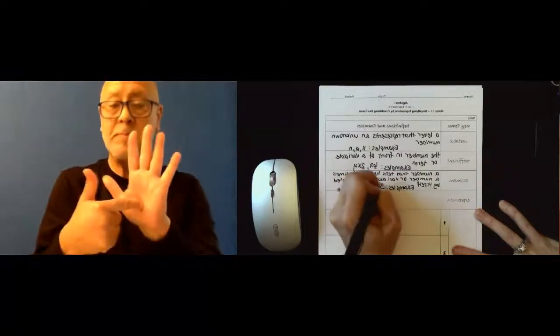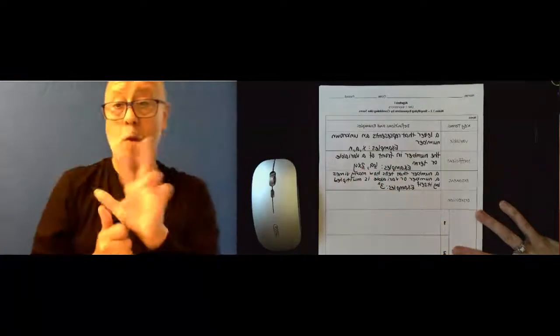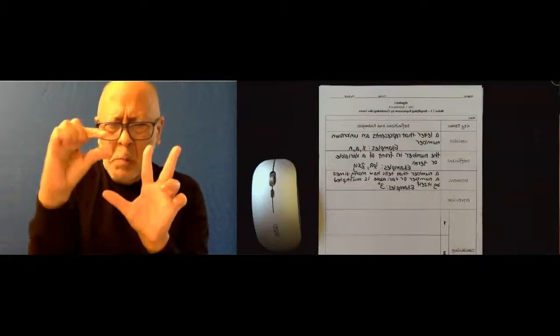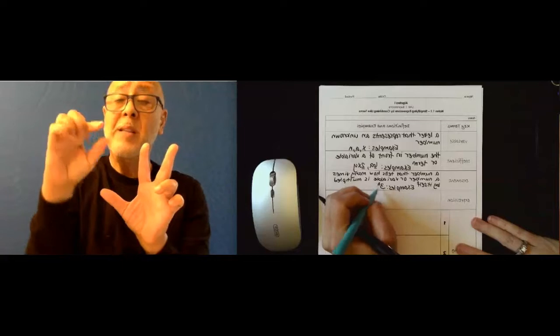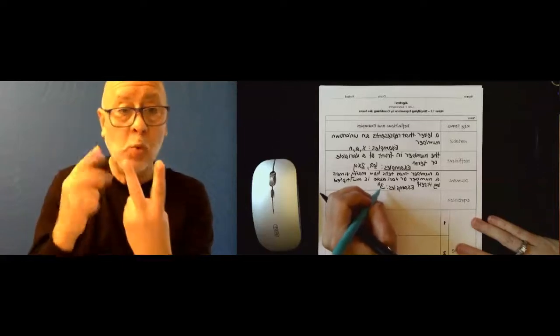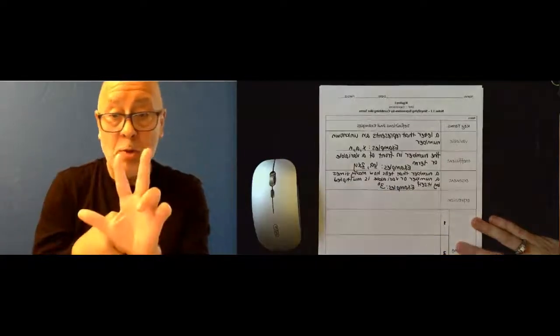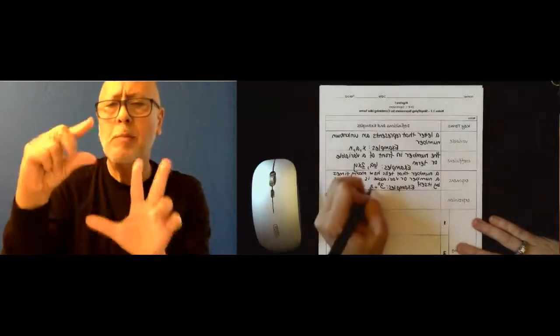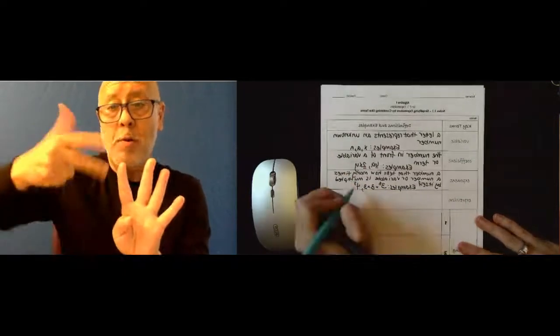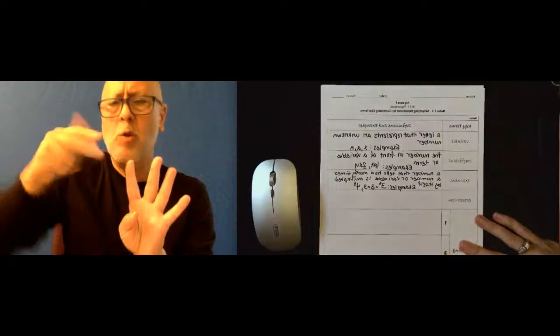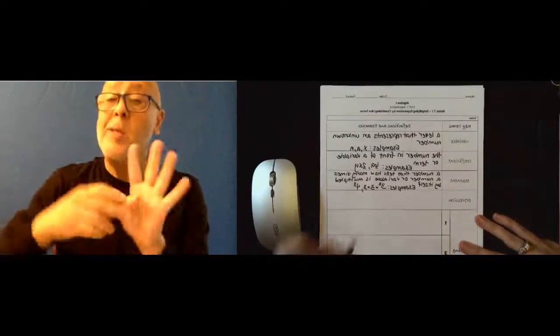So 3 squared. That little 2 really means the exponent is 2. So it means I need to multiply that 3 2 times. So it really means it's 3 times 3. Another example would be 4 to the 3rd power, or 4 cubed. And that just means 4 times 4 times 4.